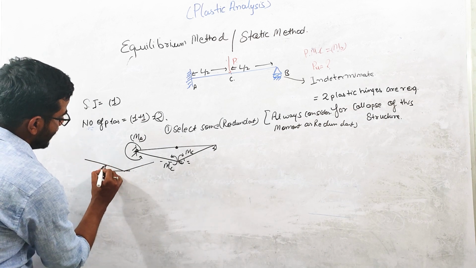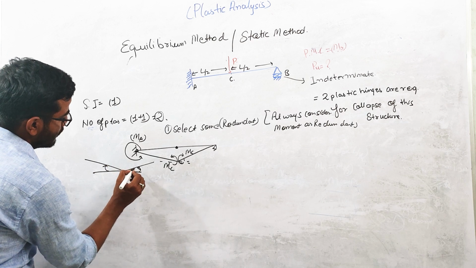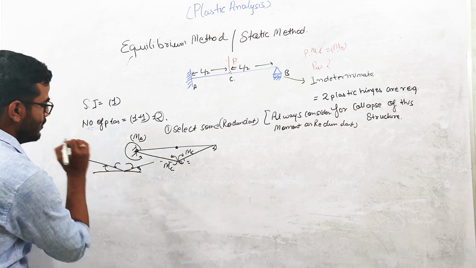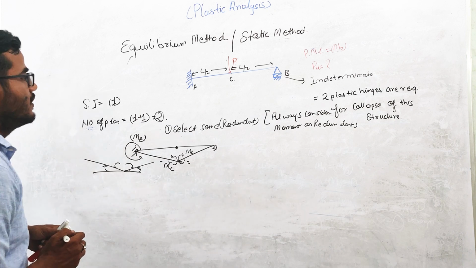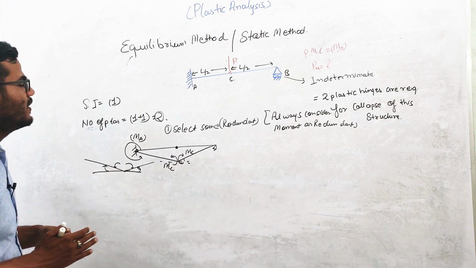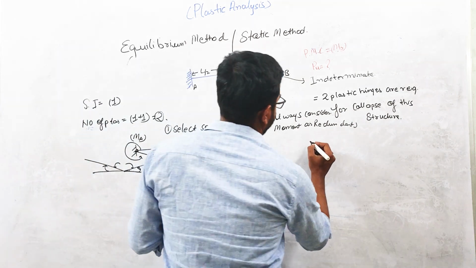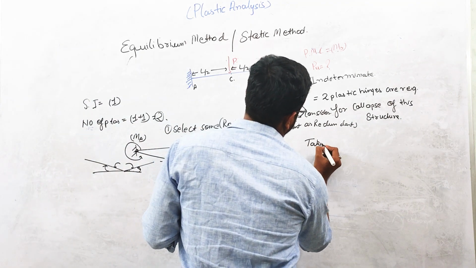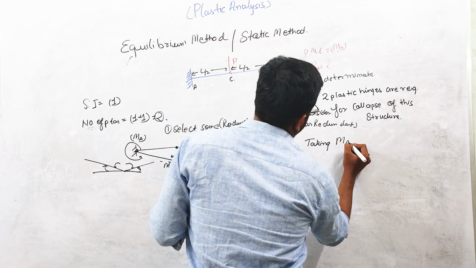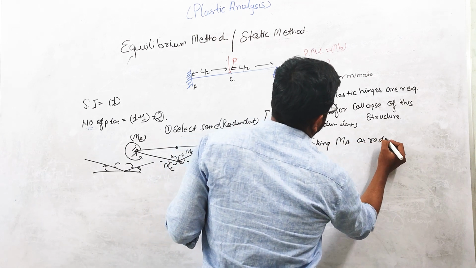The direction of rotation is like this, and here it is like this, so the moment will be opposite to this direction. So now I am considering MA as the redundant.